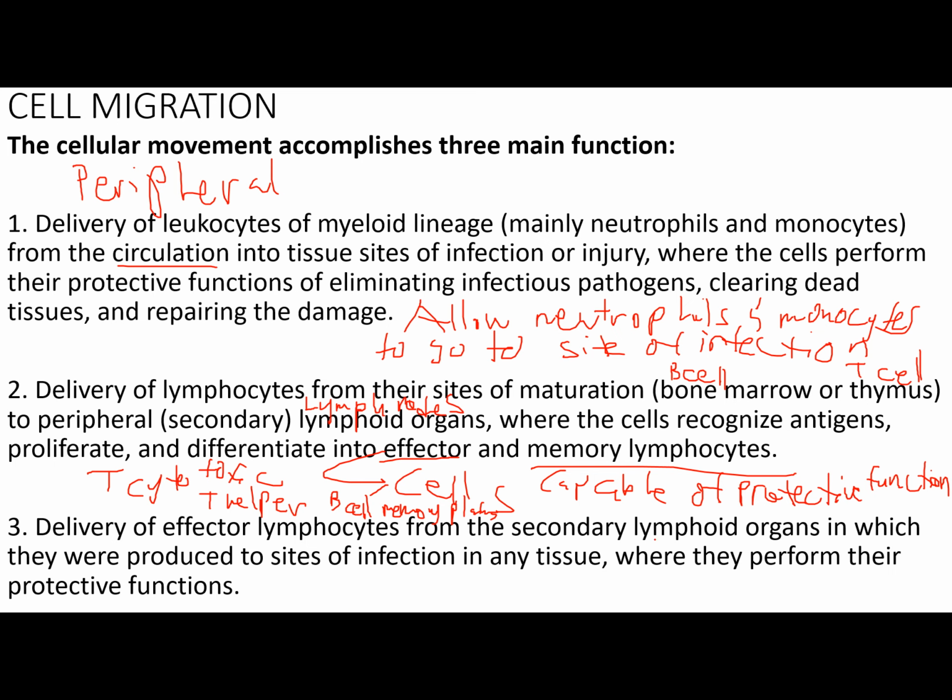So these activated lymphocytes, class, once they reach the lymph node, some of them would undergo activation, if you still recall in the previous lesson. From the secondary lymphoid organ where they were activated, they will now go to the site of infection in any tissue where they would perform their protective function. So please copy.